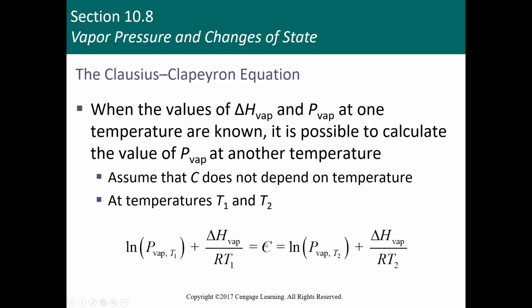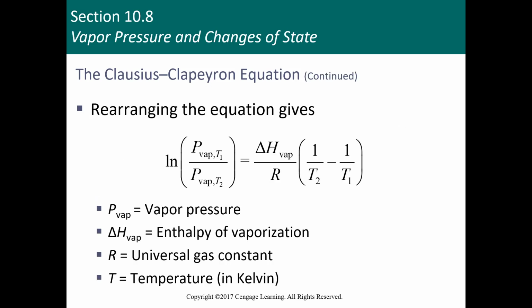The C will be constant, so if we have this part at one temperature equal to C, then the other temperatures will also be equal to that C. And so what we get is the state at one temperature versus the state at the other temperature, right there. Frankly speaking, I hate it when they name these things. They're just rearrangements of a previous equation. It's really kind of a pain in the butt.